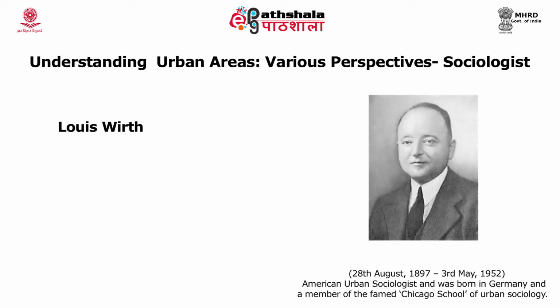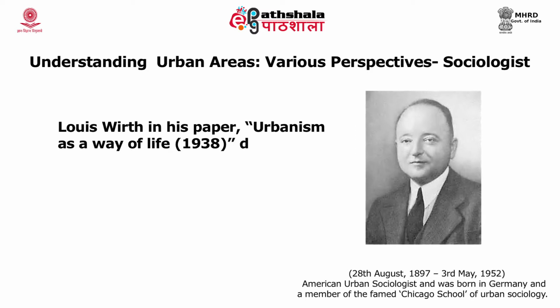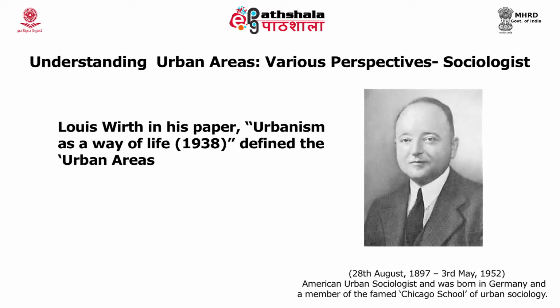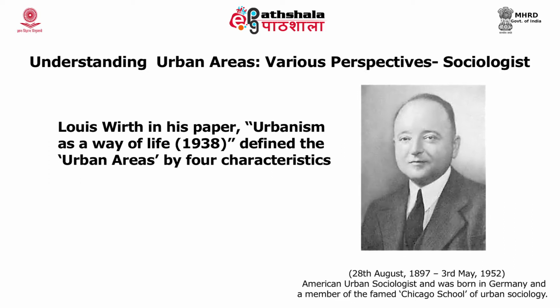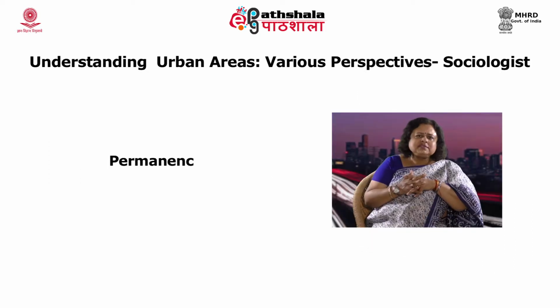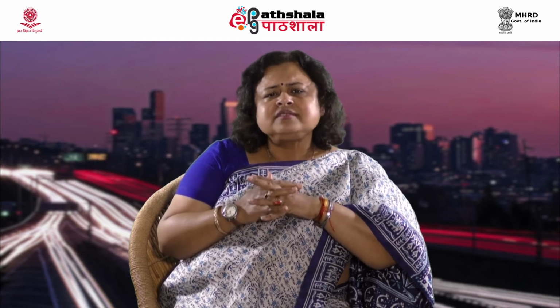Louis Wirth, in his paper Urbanism as a Way of Life, has given 4 important characteristics. The first one is permanence, second is population size, third is population density, and the fourth is social heterogeneity.